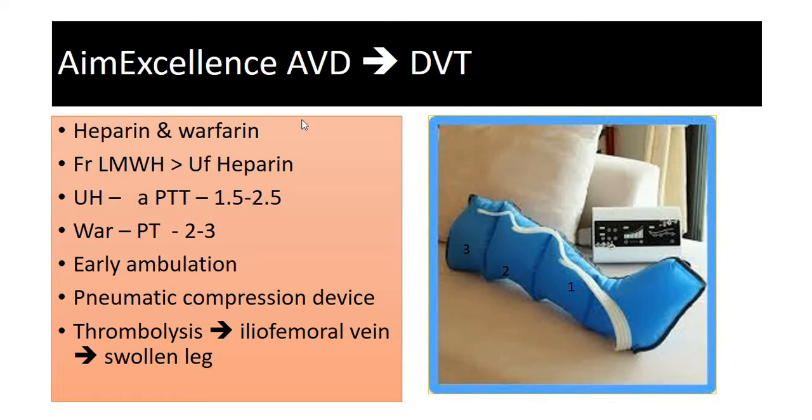So we have to think about the treatment aspect also. In the treatment aspect, there are two things we have to do, either heparin or warfarin. Among the heparins, fractionated low molecular weight heparin is preferred over the unfractionated heparin.